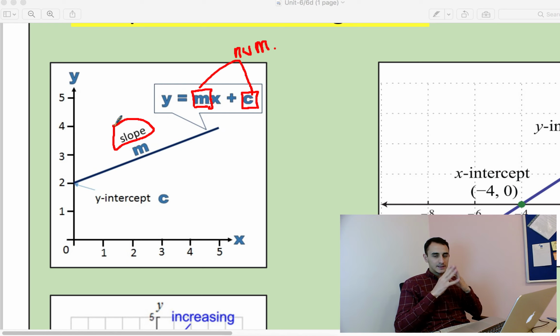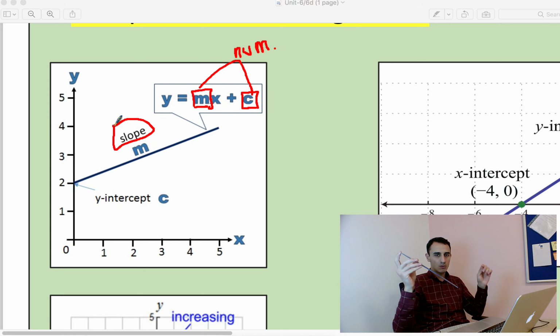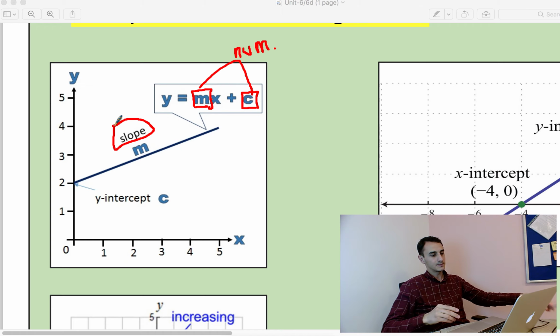I said that the number in front of x affects the steepness of the line, which is called in math as slope. Not steepness, just slope. If we are talking about the slope, it means that we are talking about the steepness of the line. Steepness. Clear?